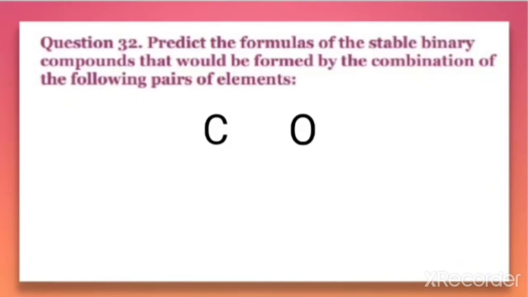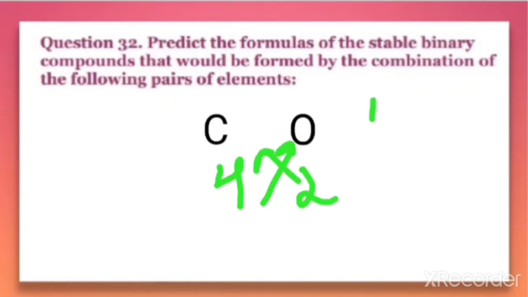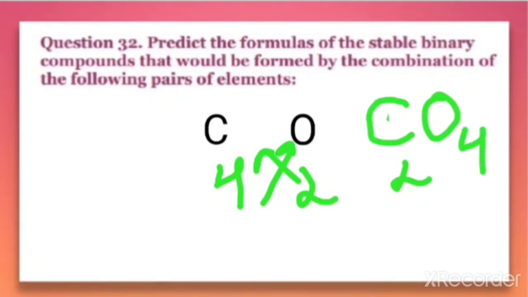Carbon and oxygen. Carbon belongs to group 14, so 4 is the valence electron. Oxygen, 2 is the valency. When you crisscross it, we will get the formula carbon 2, oxygen 4.